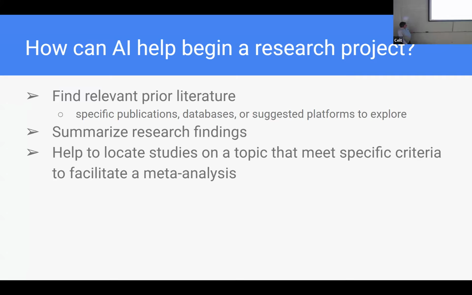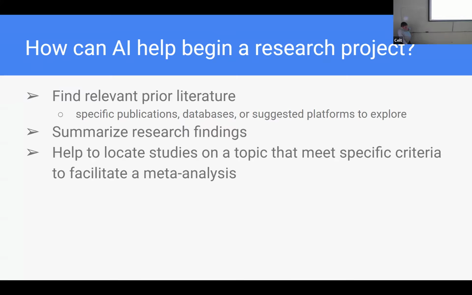But if you want to move into an area that you haven't done as much with, you can find relevant prior literature, databases, or other platforms where you might be able to find resources. You can ask it, where can I find some good information about this study, or peer-reviewed sources? It's also pretty good at summarizing research findings in general. We'll go through a few examples of that.